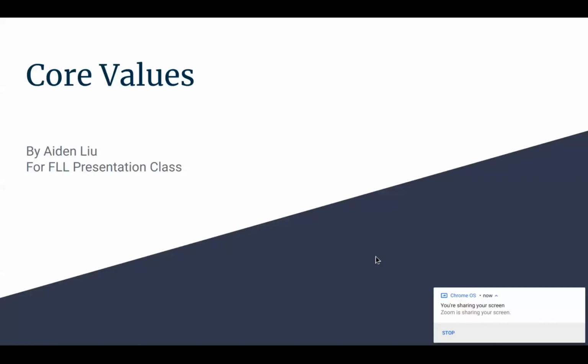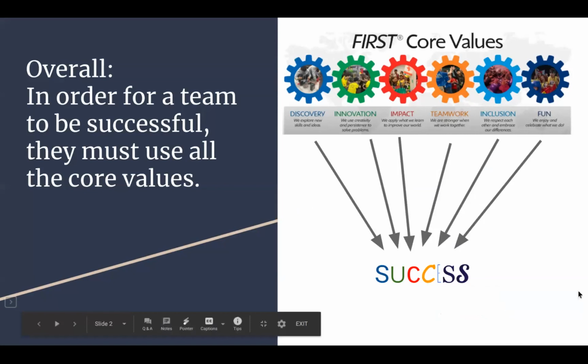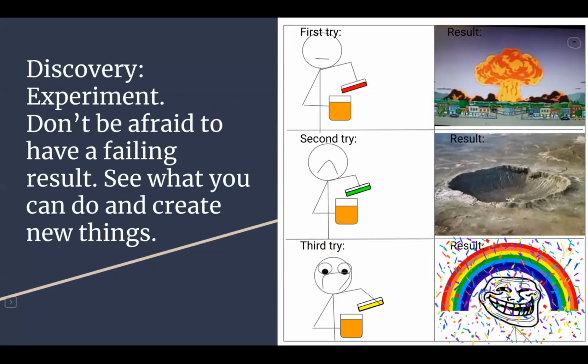My presentation is about the core values and what they mean to me. First, to me, it means that if we don't use all of these, we're not going to be successful. As for discovery, for me, it means that you have to experiment until you get to the right thing, and disregard failure and don't let that be a setback.